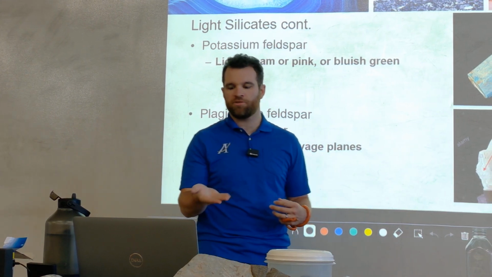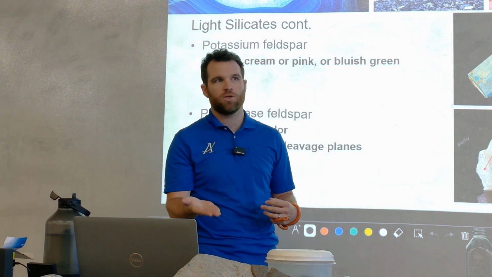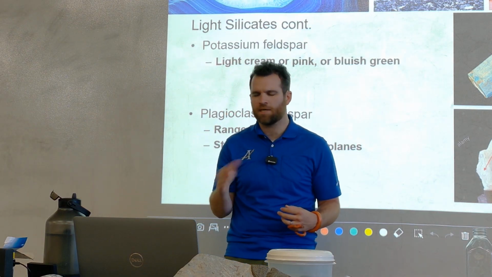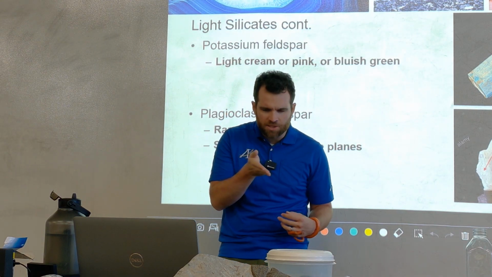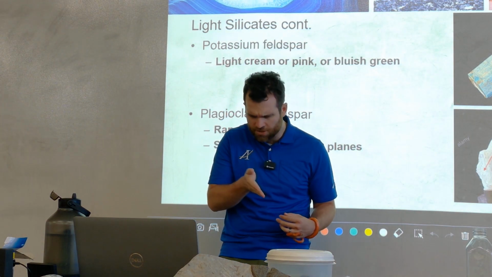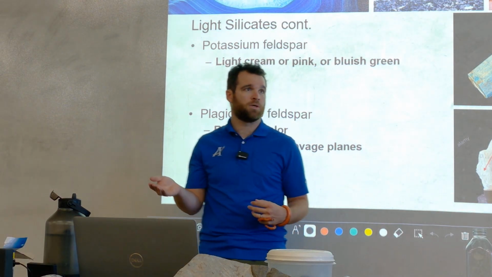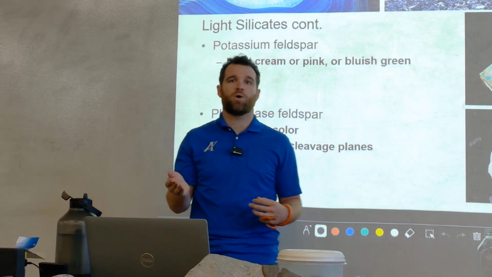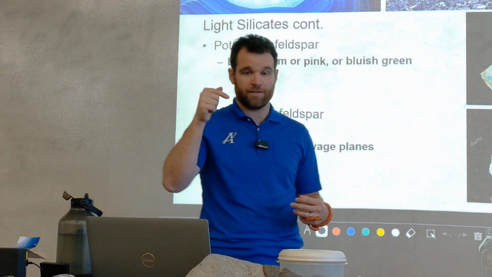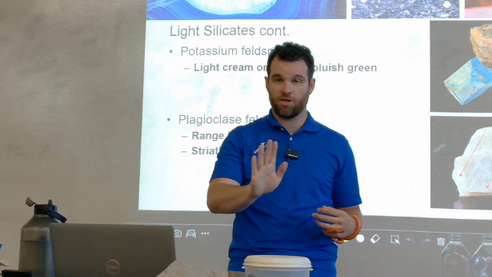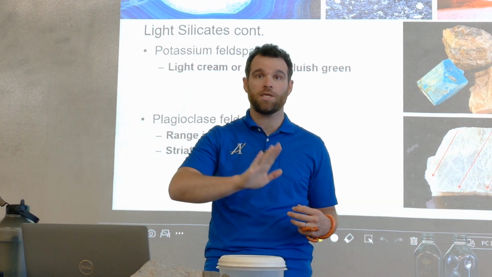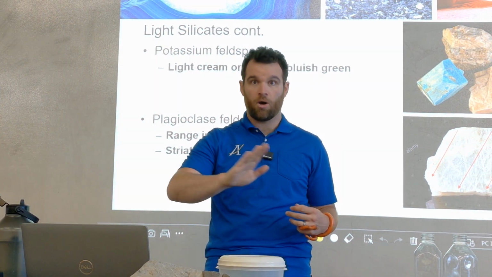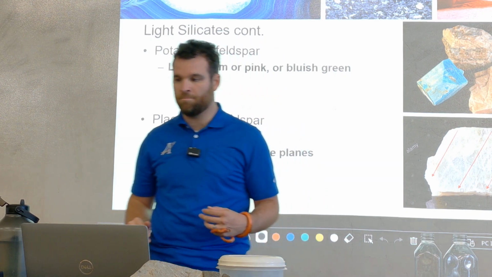So when you're looking at those cleavage planes and you're kind of reflecting them in the light, you'll see which kind of feldspar is this? I know it's feldspar. Which one is it? All right, I see those grooves. It's plagioclase. I don't see those grooves. It's potassium. That's how you'll tell them apart. For those of you watching the videos, I do shine light on those cleavage planes. So if you pause the video at various moments, you will be able to see whether there are grooves on those cleavage planes or not.